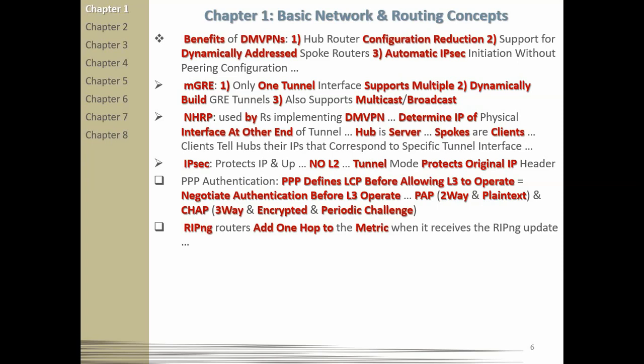When we have IPsec in tunnel mode, recall that it creates a new external IP header that contains the IP addresses of the tunnel endpoints. And when we say tunnel endpoints, that can be routers, that can be VPN concentrators.